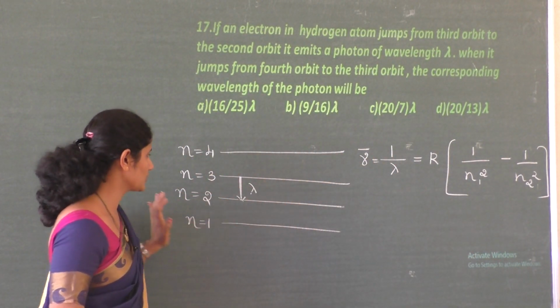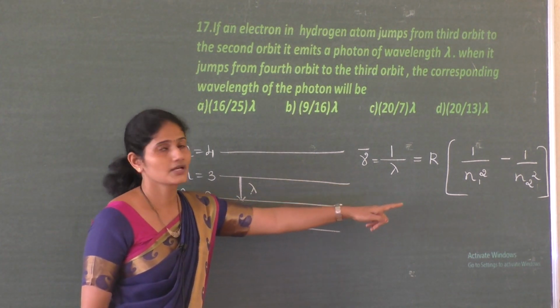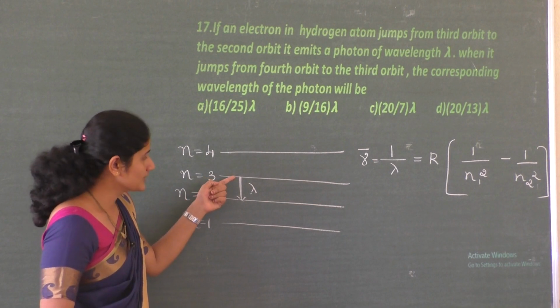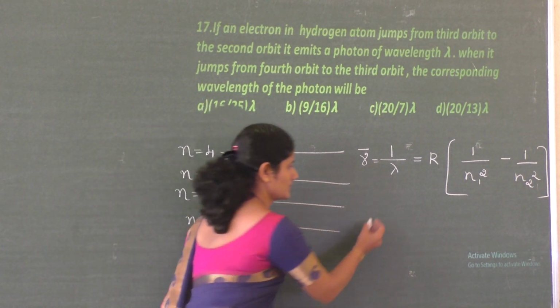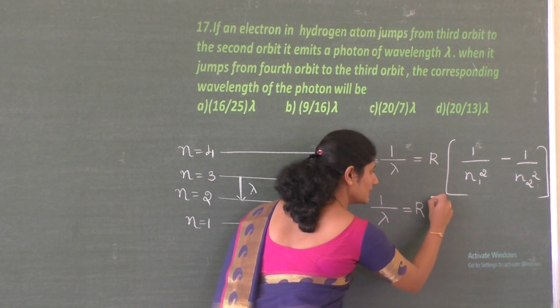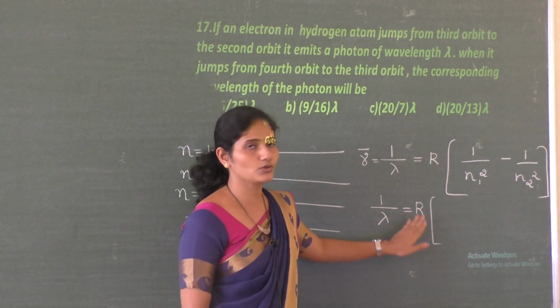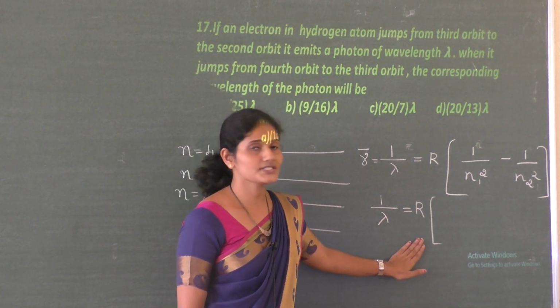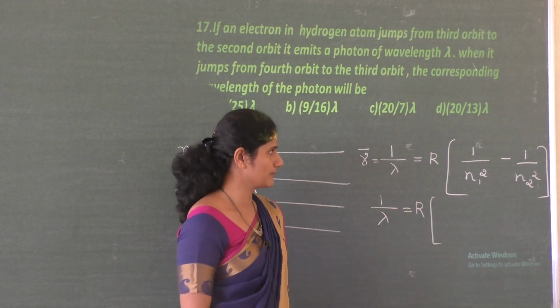Here in this particular example, n1 is equal to 2. n2 is the orbit from where the electron is jumping. So n2 is 3. What is R? R is Rydberg constant, and we know the value of R. It is 1.097 into 10 to the power 7 per meter.